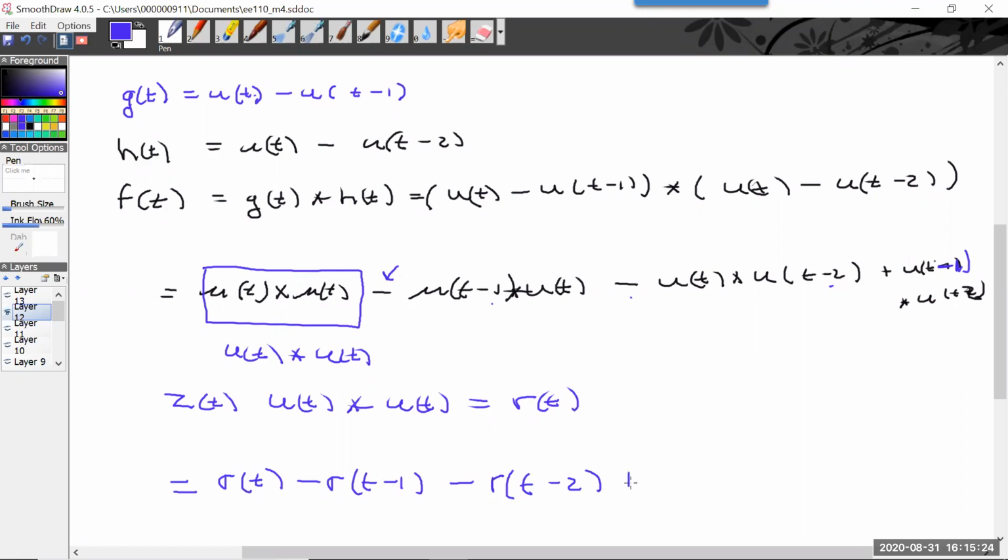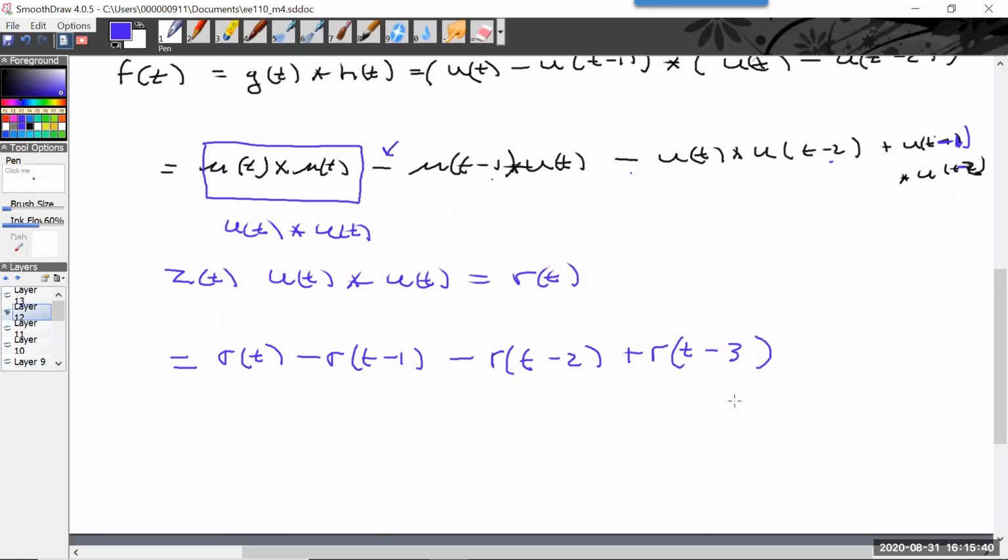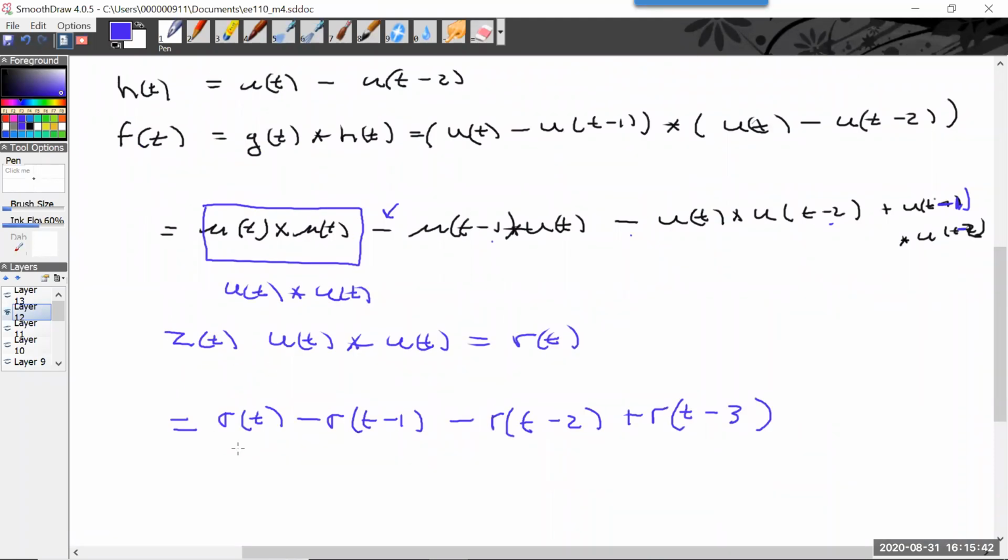This one is scaled by plus 1, delayed by 3 units. Now you can see that on the time axis, we're going to have 0, something at 1, something at 2, and something at 3.